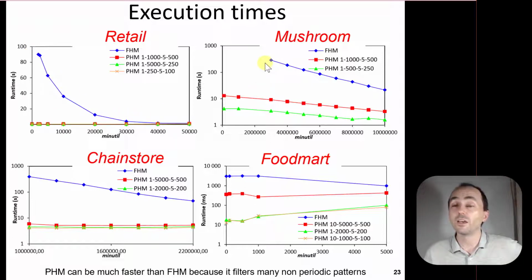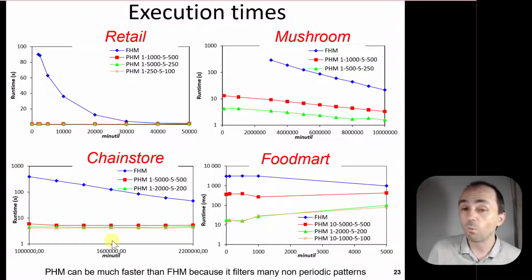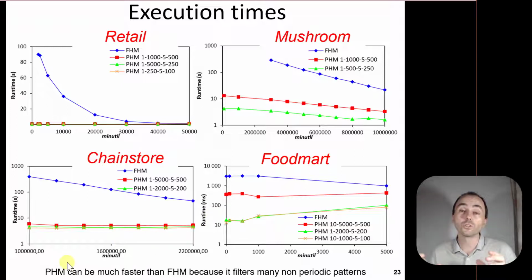Here also on mushroom, FHM is much slower than the new algorithm at the bottom. And the same on the other databases. So why is it like this? Because PHM uses the new theorems for the periodicity to eliminate the non-periodic patterns, and then it becomes really fast.